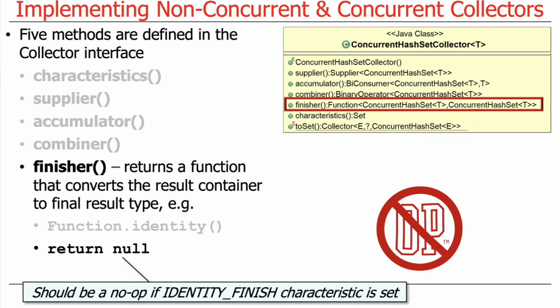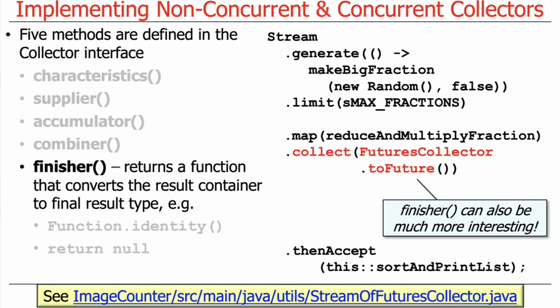Now, you might ask yourself, when would finisher ever get called? Why would you ever need to convert the accumulator, the mutable result container, into something else? The best example, which we will not have time to go over at the moment, but will get to later in the class when we talk about completable futures, is something that takes, for example, a list of elements of type T and turns it into a completable future to a list of elements of type T. So there's a really cool example we'll talk about later when we talk about futures collectors.